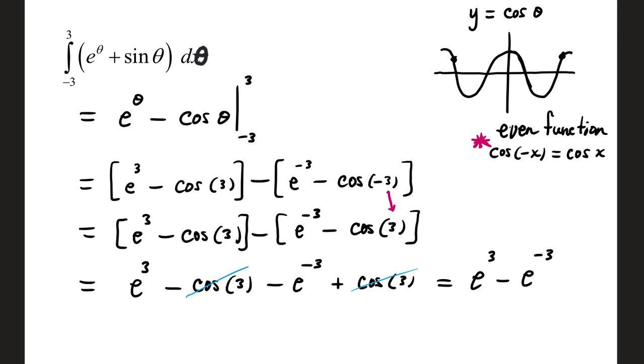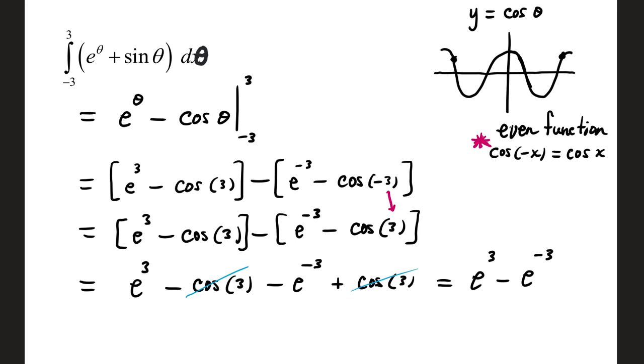Distributing the negative sign, that's going to give us e cubed minus cosine 3 minus e to the -3 plus cosine of 3. Well, the second and fourth term are opposite, so they cancel, leaving us with e cubed minus e to the -3.